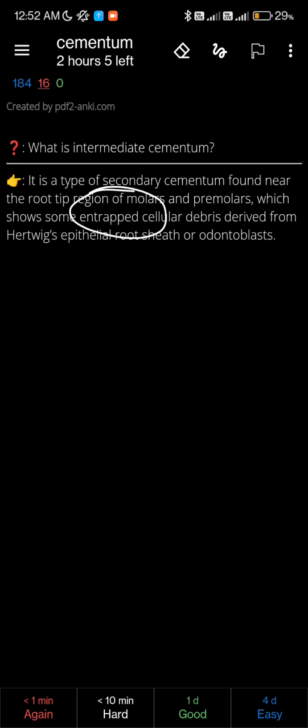That is, a secondary cementum found near the root tip of molars and premolars, which shows some entrapped cellular debris derived from Hertwig's epithelial root sheath or odontoblast.